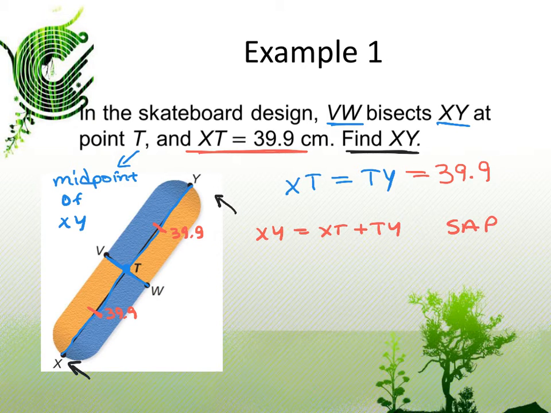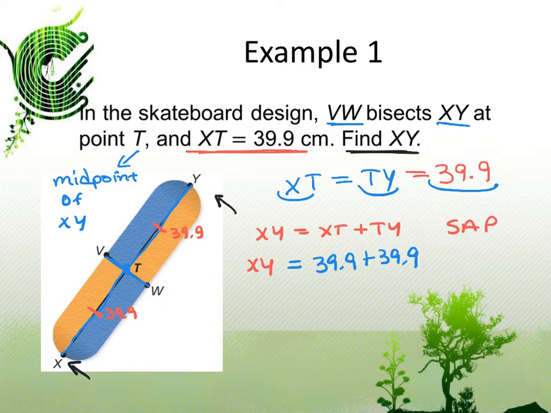And the reason I can state that is my segment addition postulate. The next thing I'm going to do is substitute. I know what XT and TY equal. It's this 39.9, and that's what's going to give me the length of XY.